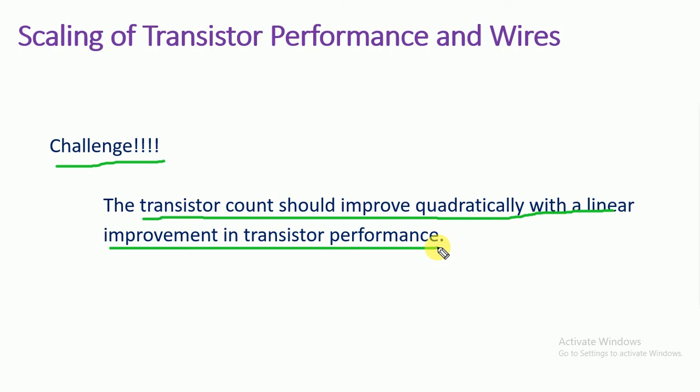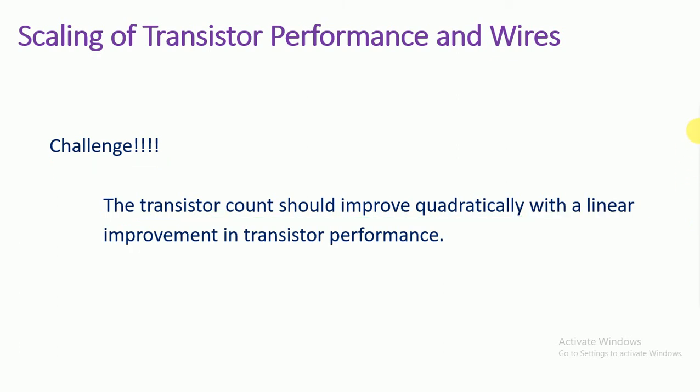So transistor performance will be improved, and we should add more transistors. For adding more transistors, the size of the transistor must also be reduced, and we should double the number of transistors present in a particular integrated circuit device. This is a major challenge faced by all the computer designers or architects who are trying to design a new computer system.